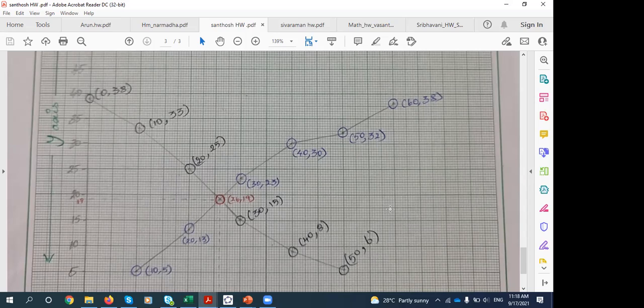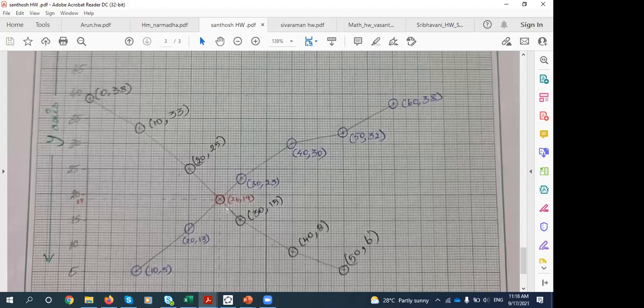For example, here you can clearly see that these 4 points, they form an isosceles trapezium, right? Where the vertical side is parallel, and these 2 lines are basically its diagonals.